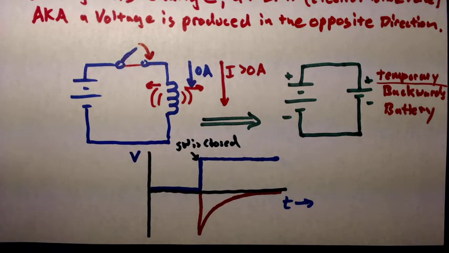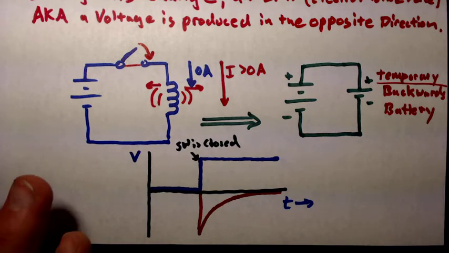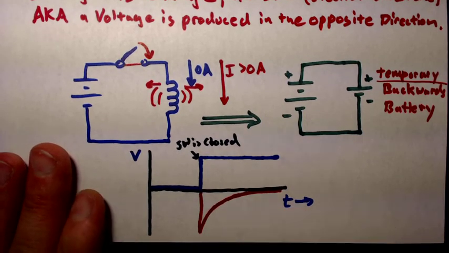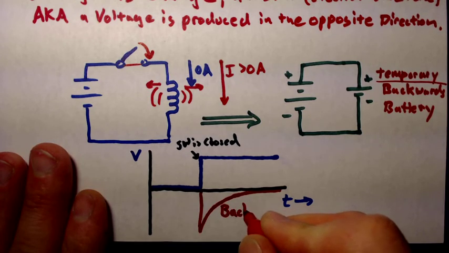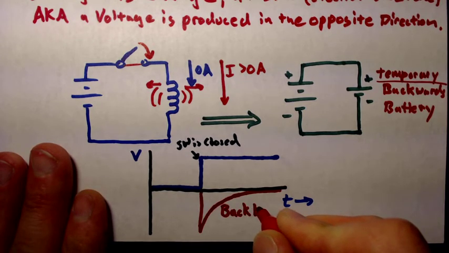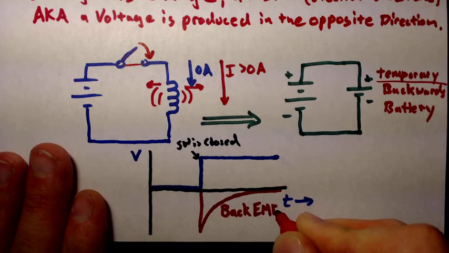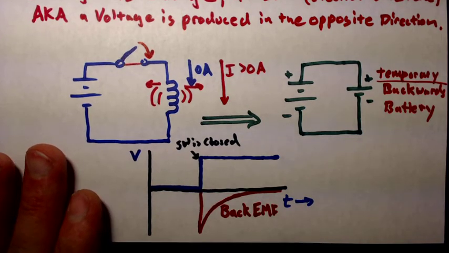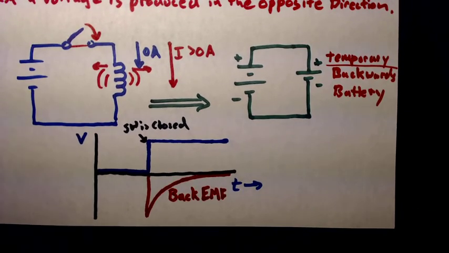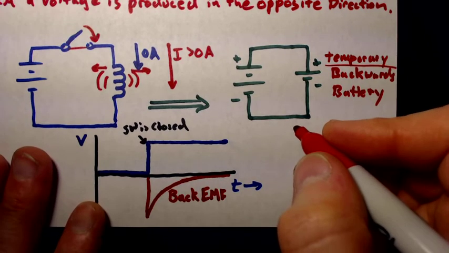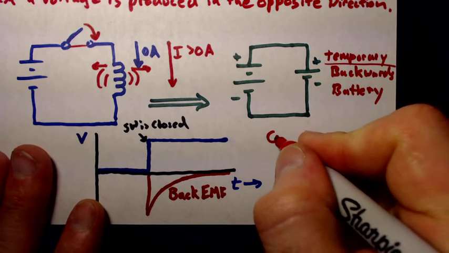Now, we have a name for this. We call this a back EMF. Now, there's a few other names for it, and I'm going to list them all out because why not? Different people say it different ways. You're going to see the term counter EMF.